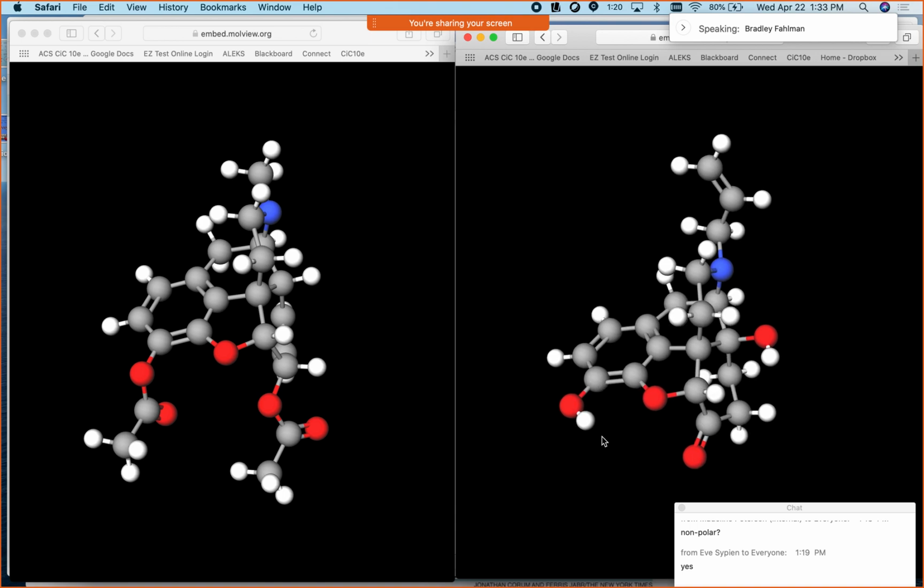This one is a simpler structure, whereas in heroin you see all these extra groups. That's why this will bind a lot easier, because it doesn't have all these other groups that bounce around and detract from its binding. Okay?